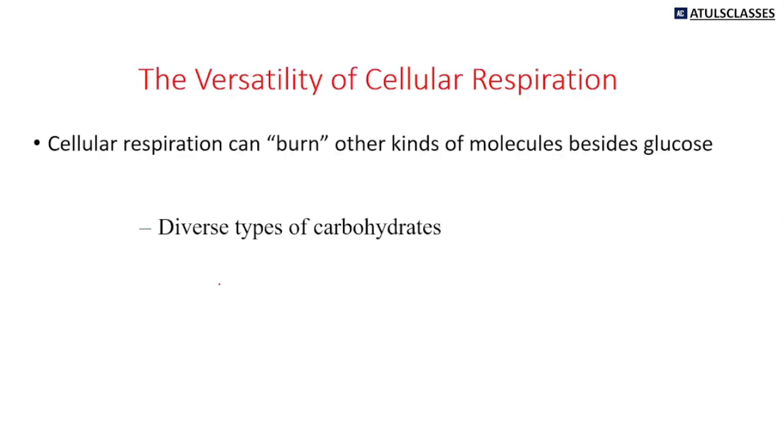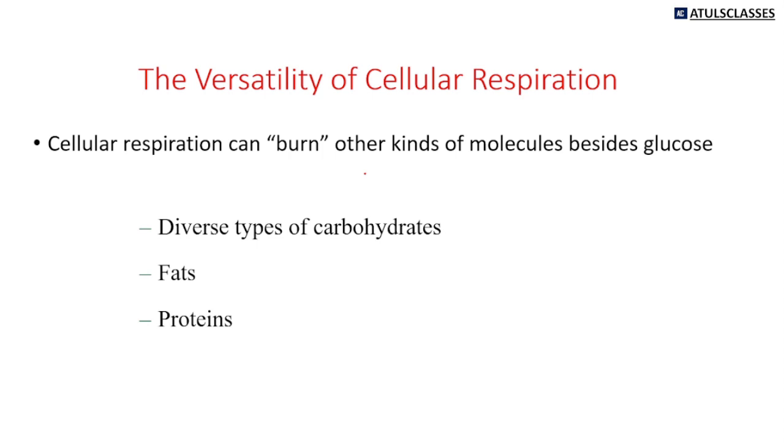Now as we have completed this, the specialty of cellular respiration is that any kind of molecule besides glucose, like proteins and fats, can also enter this cycle and give out energy. There are diverse types of carbohydrates like glucose, sucrose, fructose, and they all can give rise to energy in the form of ATP.